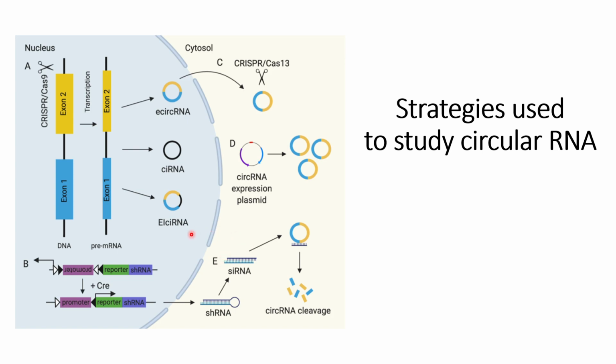And for another kind of circular RNA, the exon-intron circular RNA, this can be studied using both strategies, the CRISPR-Cas9 system and the CRISPR-Cas13 system, as it contains both the intron and the exon part.